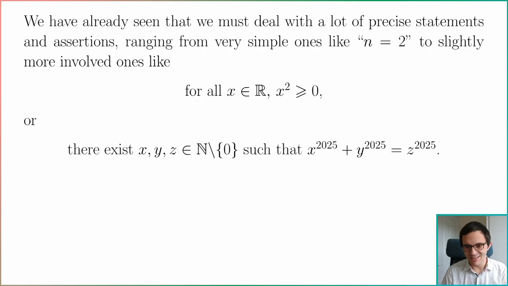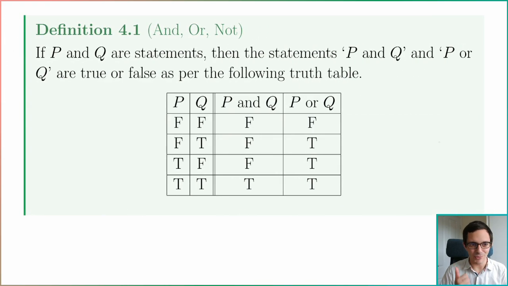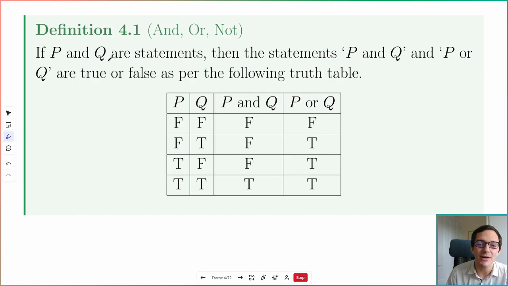I've got to start somewhere, so I'm going to start with and, or, and not. And that sentence has got the word and in it between the words. So if you haven't met it before, then it's going to be quite confusing, I think. But here we go. If P and Q are statements, let's pause here. There's a level of abstraction here where I'm writing capital letter P to mean an entire statement, like the ones we just saw. Condensing it down into a single symbol.